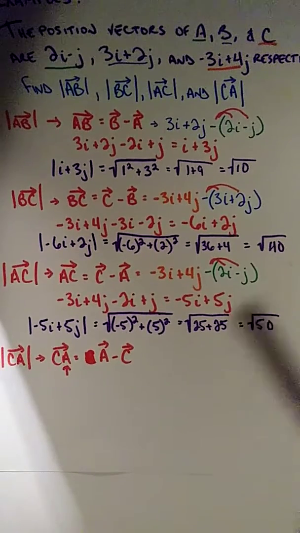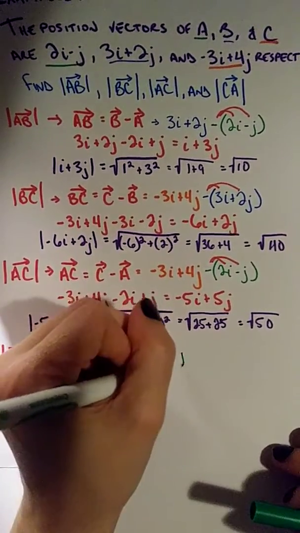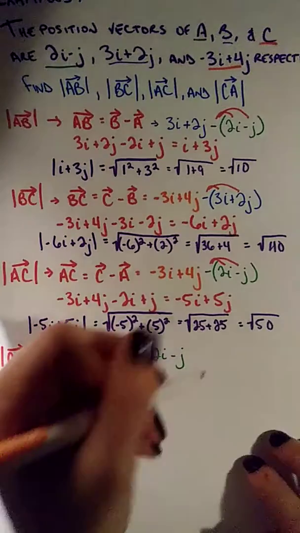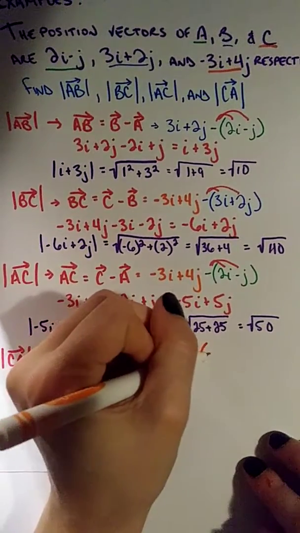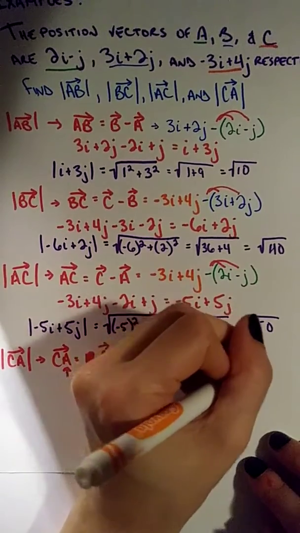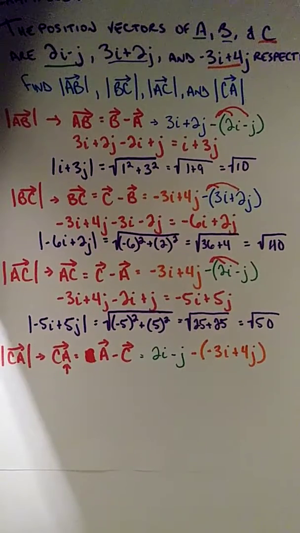So vector A is 2i minus j, and we have to subtract from that vector C, which is negative 3i plus 4j. Please use parentheses every time you subtract. It's very, very important to distribute our negative signs.